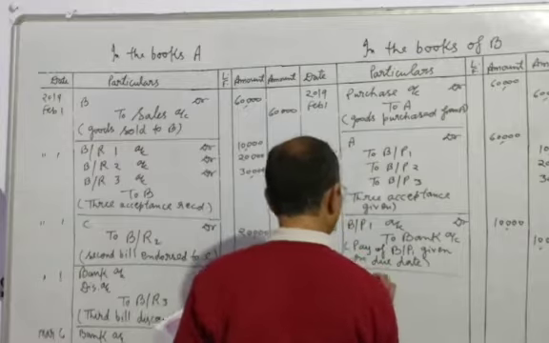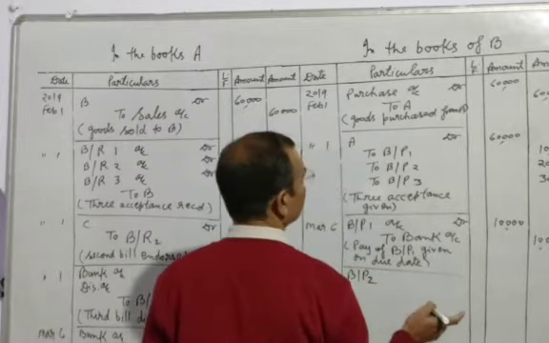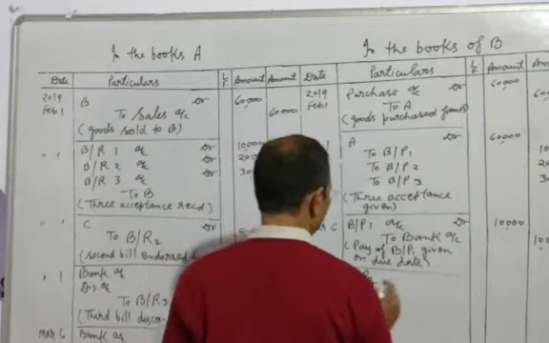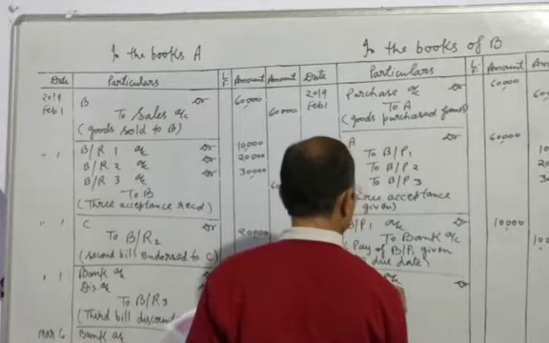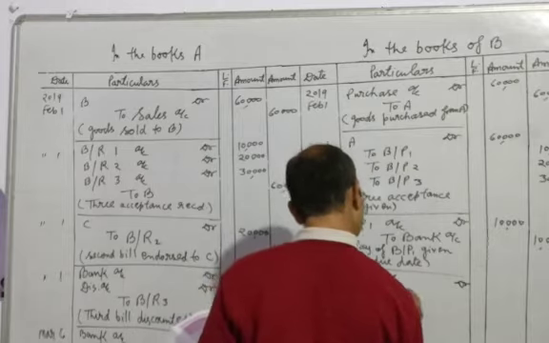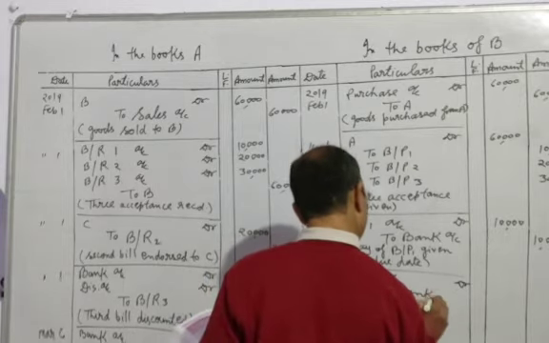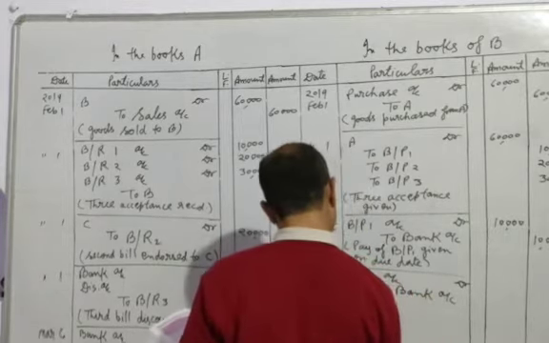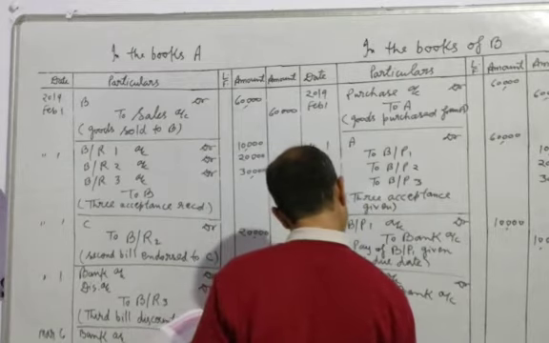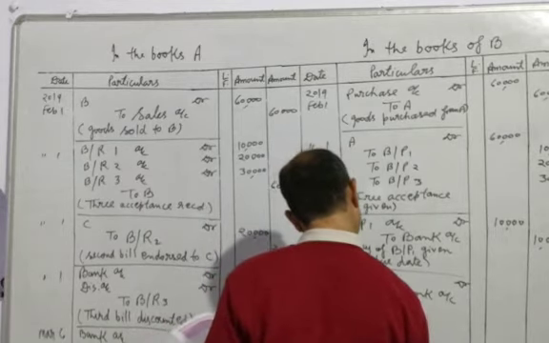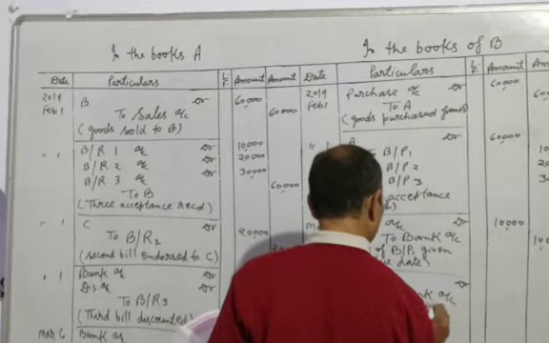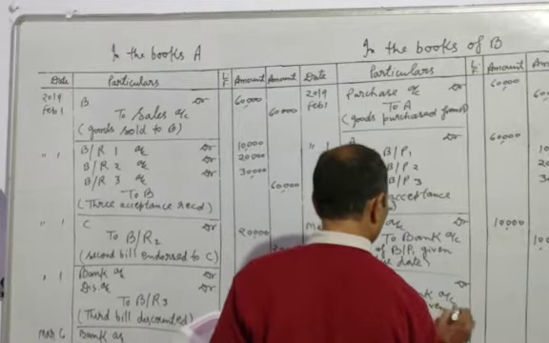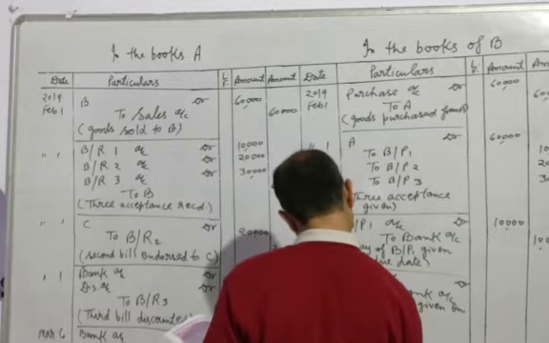BP2, who will give the BP2? C will give to B the BP2. BP2 account debit he will get, and will make the payment to bank account. Narration: payment of BP2 given on due date.